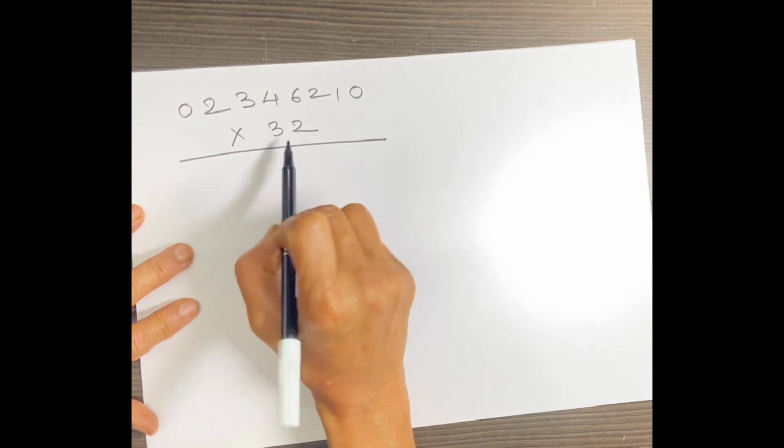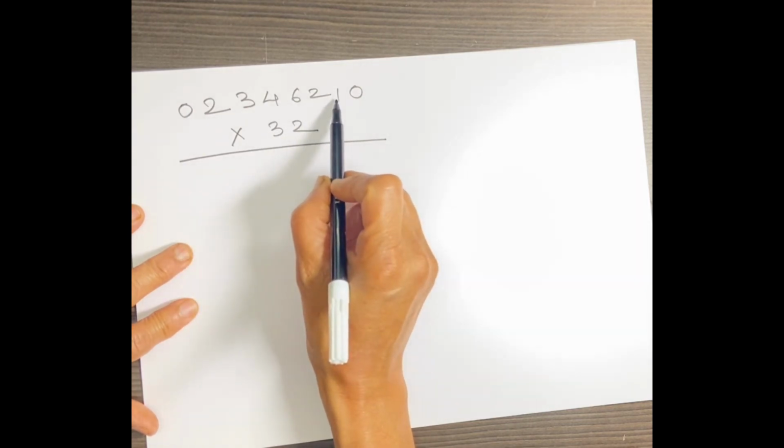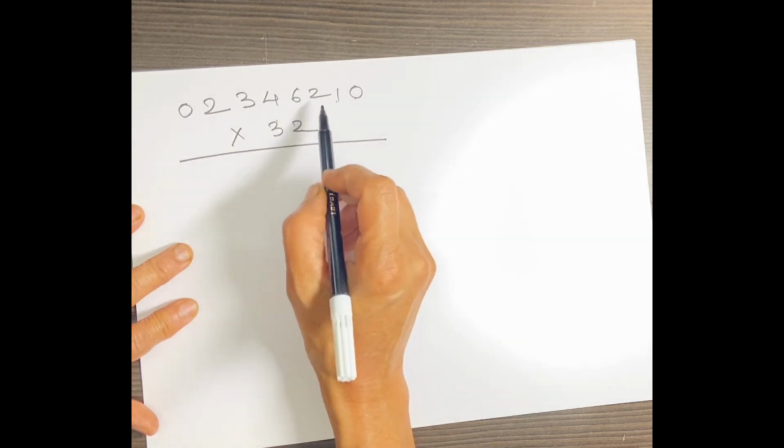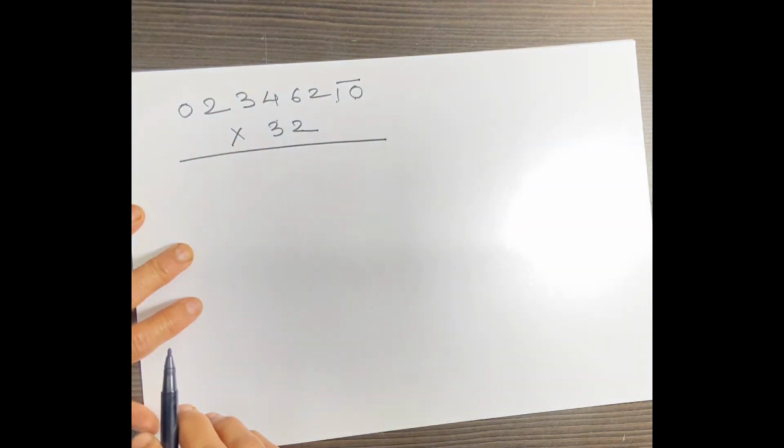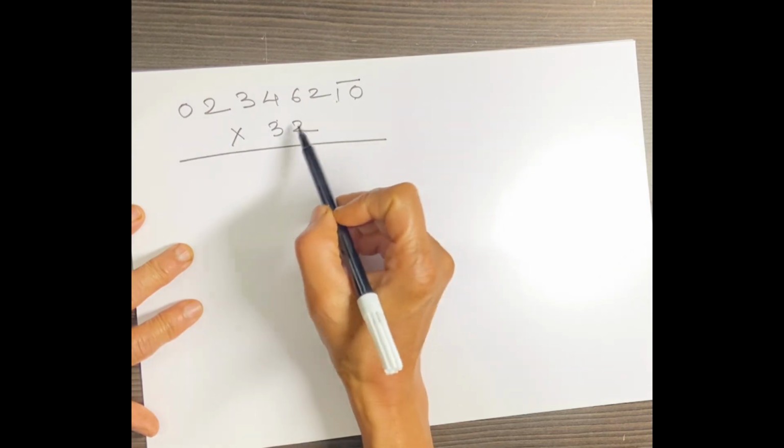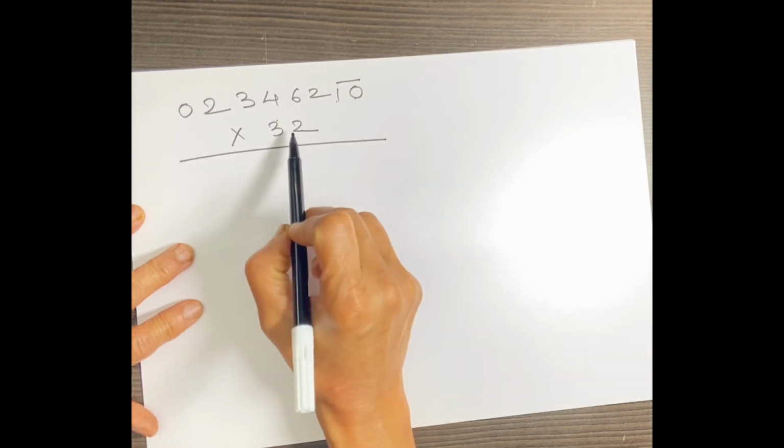Now what we are doing, we are going to multiply the numbers, but we are going to multiply crosswise.